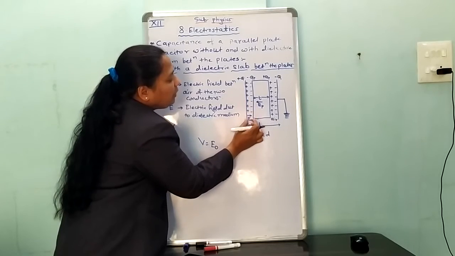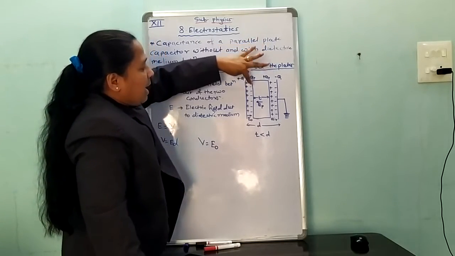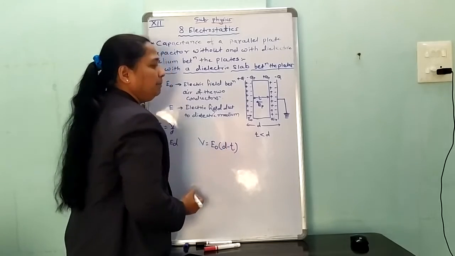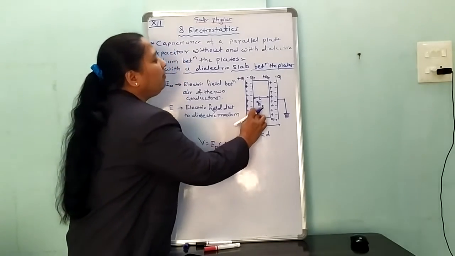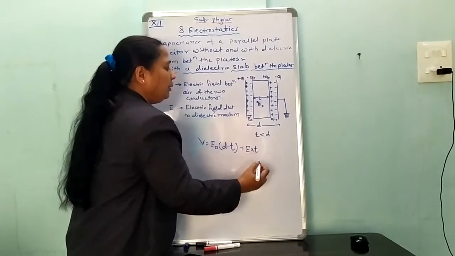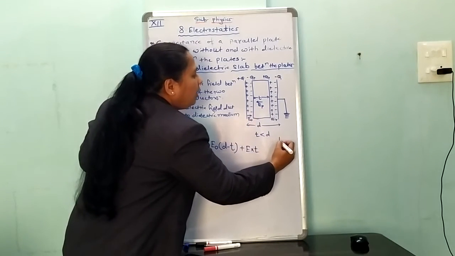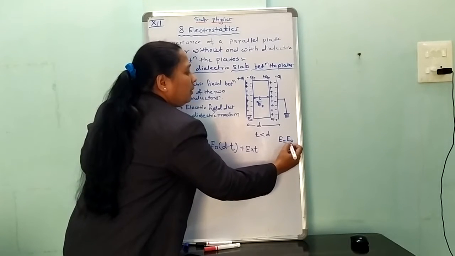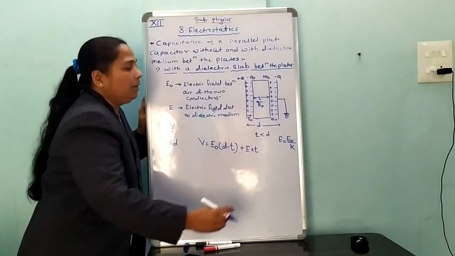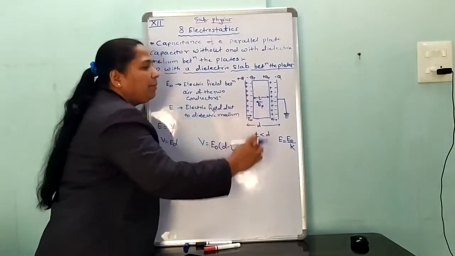Hence, the distance between the positive plate and the edge of the dielectric slab is D minus T, giving E naught into D minus T, plus the electric field intensity E within the dielectric slab into T. Since the field is reduced inside, E is equal to E naught upon K, where K is the dielectric constant of that medium.